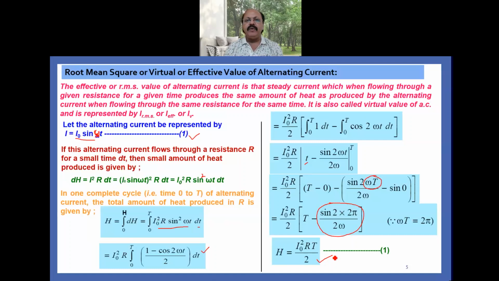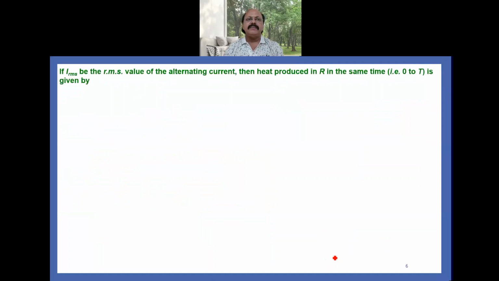So we write, if IRMS be the RMS value of alternating current, then the amount of heat produced in resistance R in the same time, over one complete cycle, is given by H equal to I RMS square RT. Mark this equation number 2.